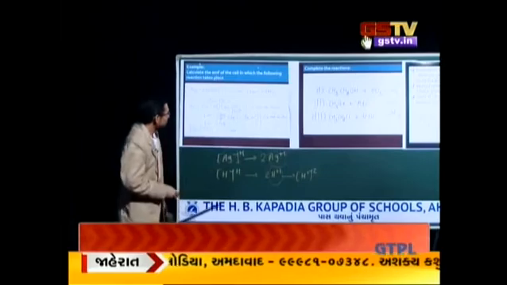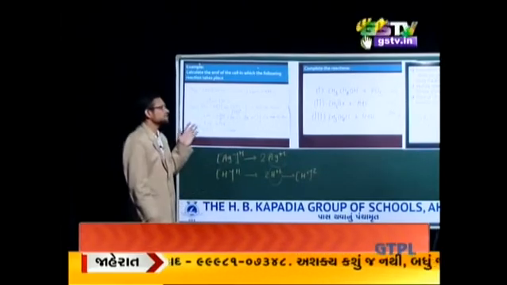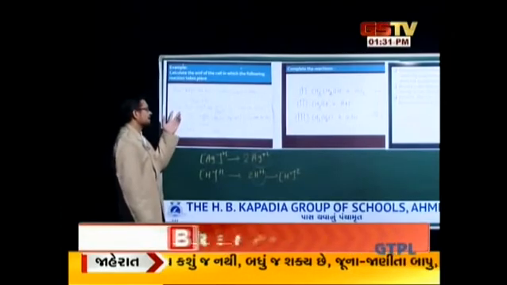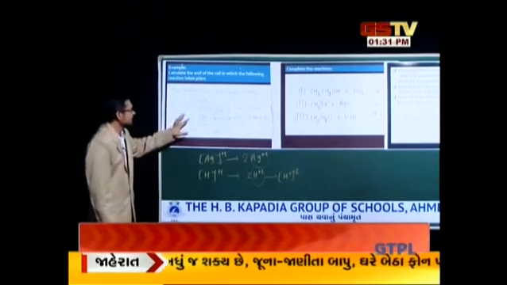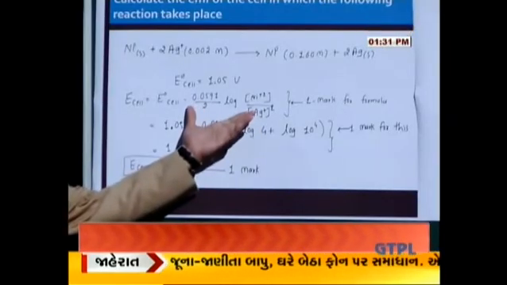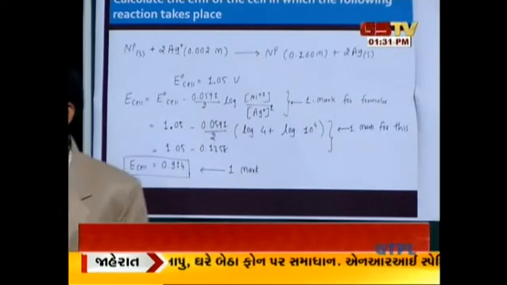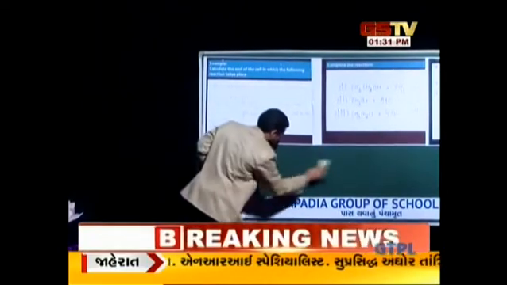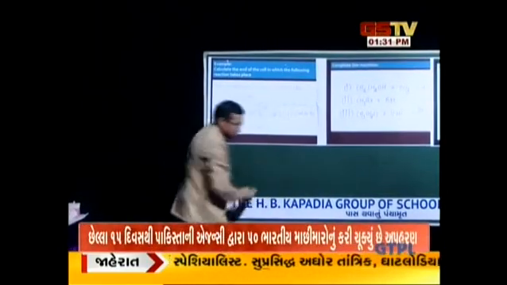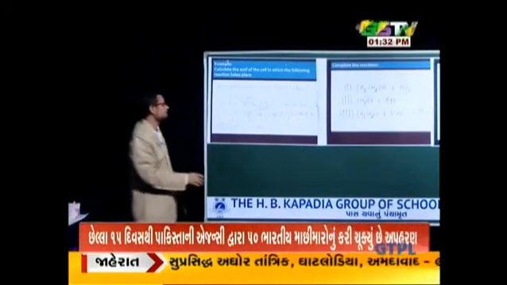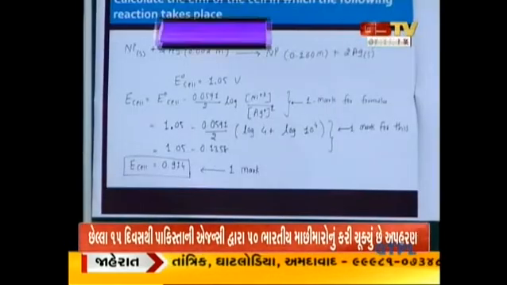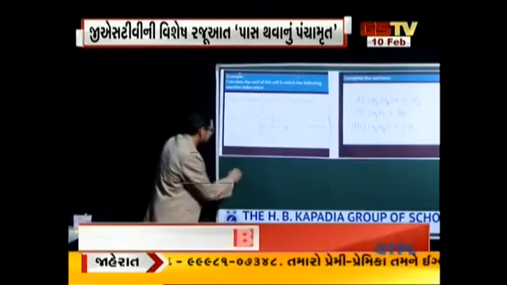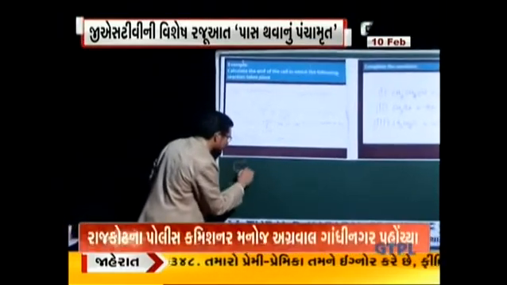Okay. So this is the numerical which is based on electrochemistry. To find the E cell we will write this formula. And another thing I want to say is that in this chapter, whenever you are finding the E naught cell, right now it is given, but sometimes it's not given, then how can we find that E naught cell?